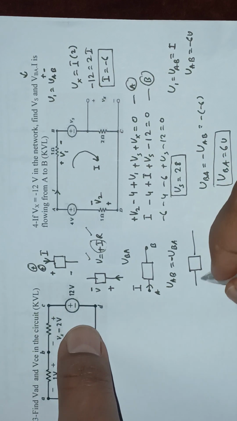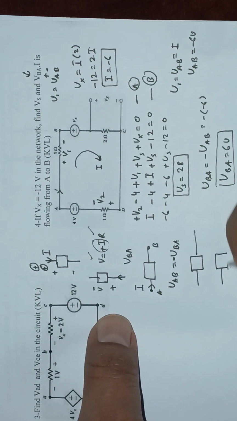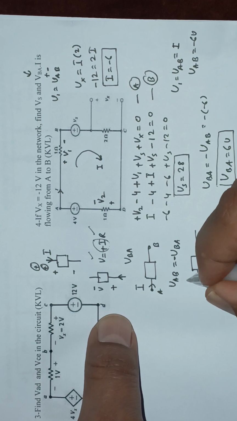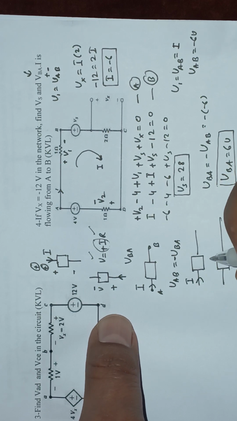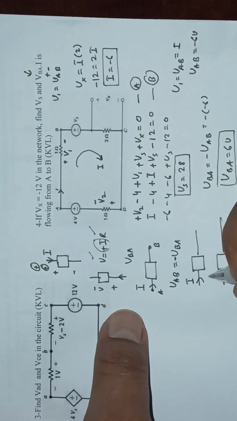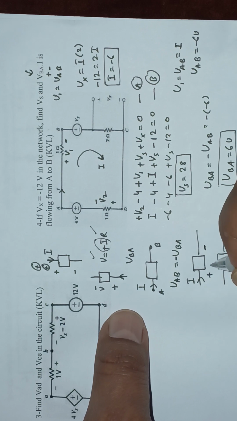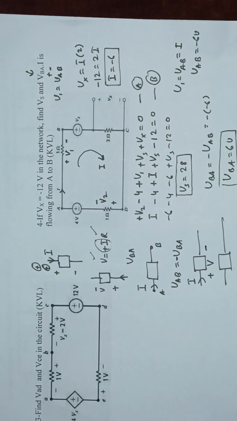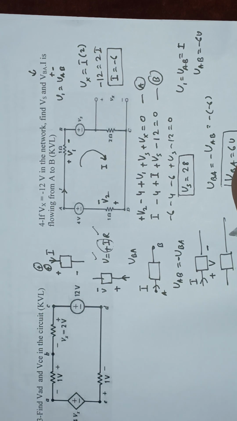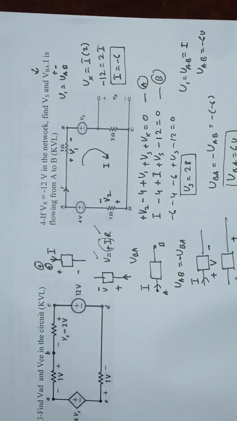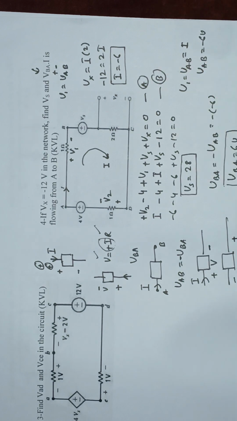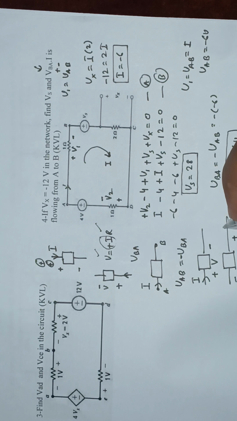If this is a passive element and I have assumed a current, I cannot choose the voltage polarity independently. So this would definitely be plus, and this would definitely be minus, and some variable is given for the voltage value. And suppose I have chosen the polarity first, then I cannot choose the current direction independently. The current direction must follow the passive sign convention, that is, current should hit a positive terminal.